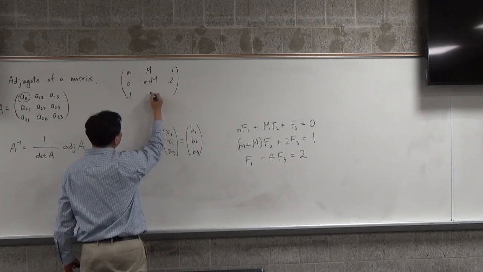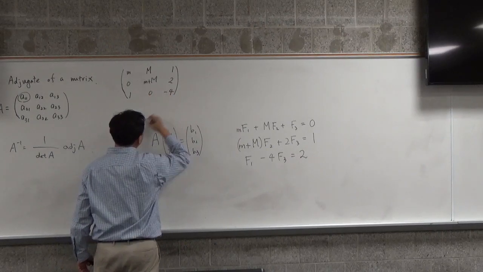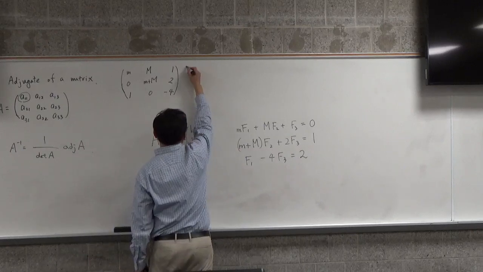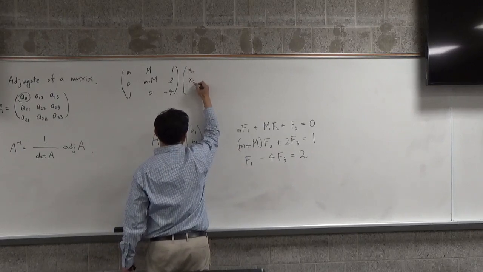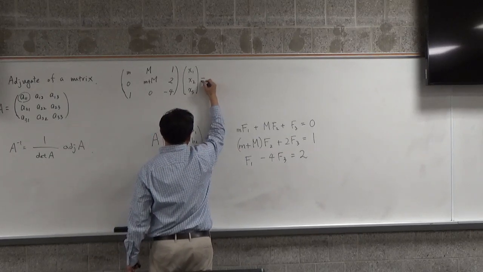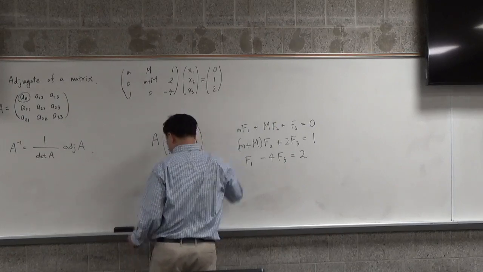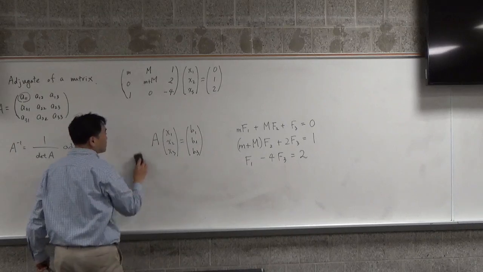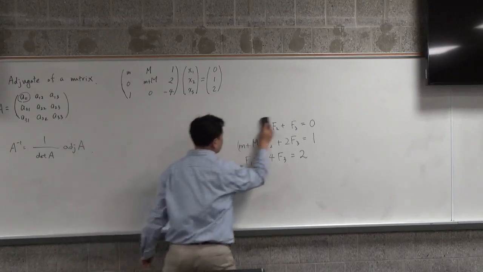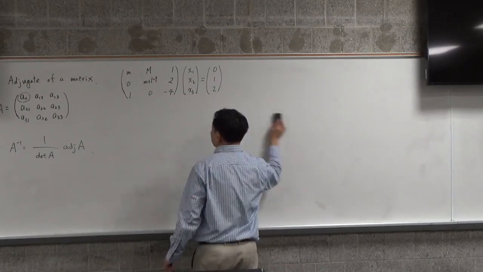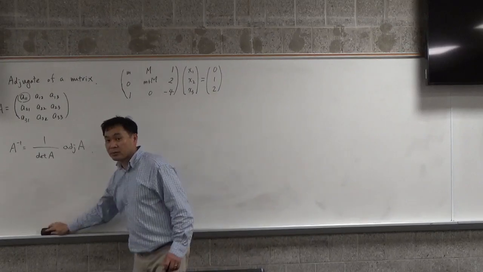And then it's 1, 0, negative 4, times x1, x2, x3 equals 0, 1, 2.